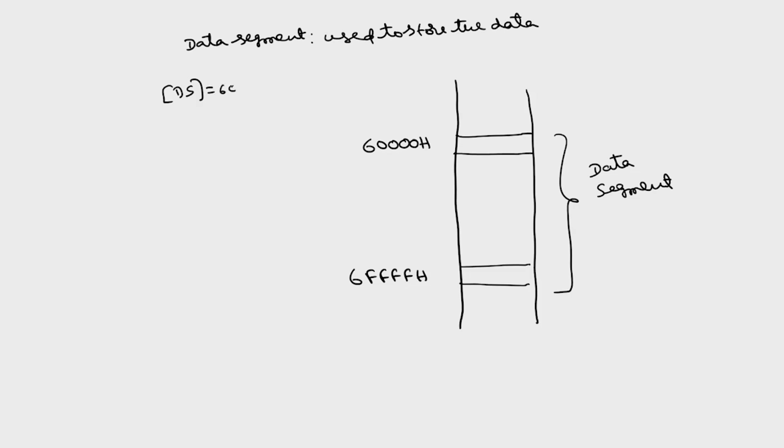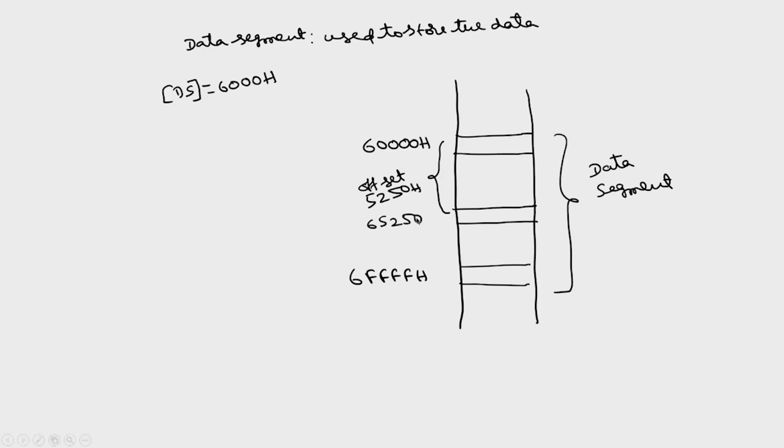So 6000H. If you want to access the data from some location whose offset is, say, 5250, this address will now be 65250.